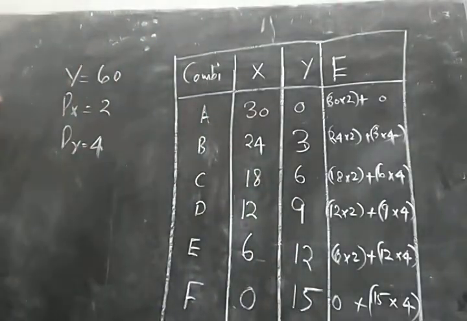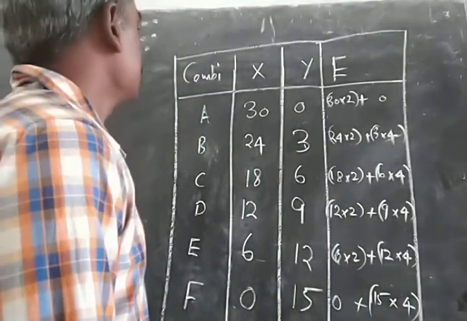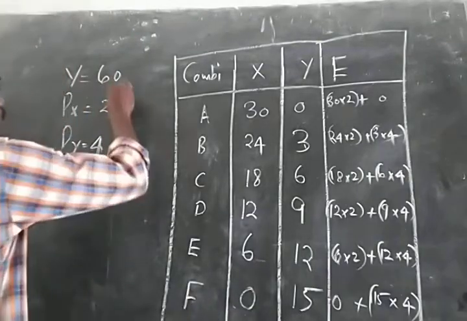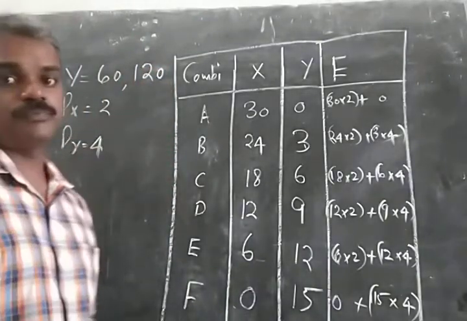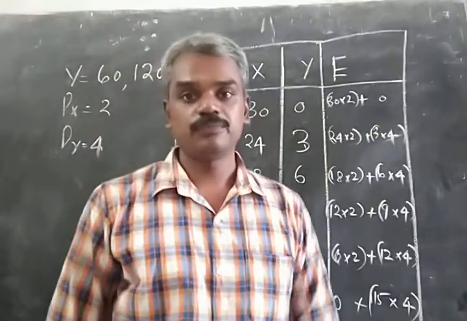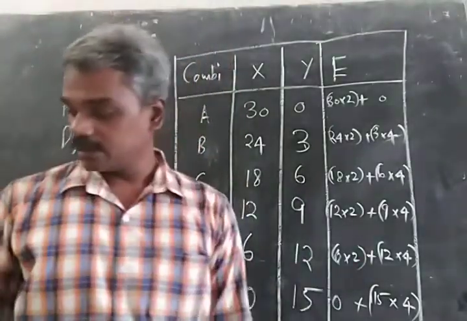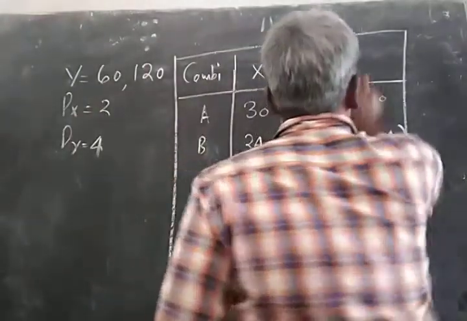Now let us see what happens if the consumer's income changes. Instead of 60, he has an income of 120. What will happen when his income changes?